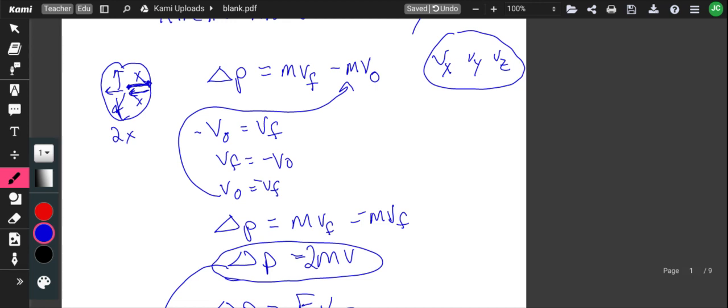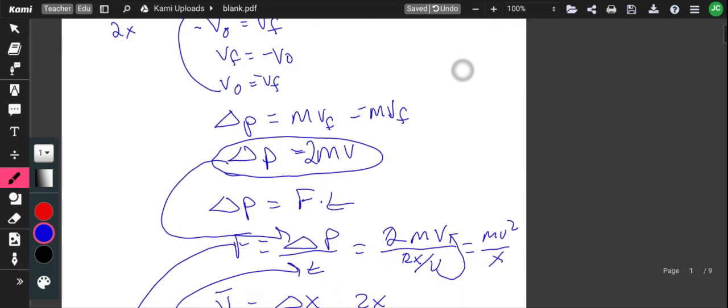We just want to look for now at the velocities in one direction. So let's say we have the velocities in the x direction.